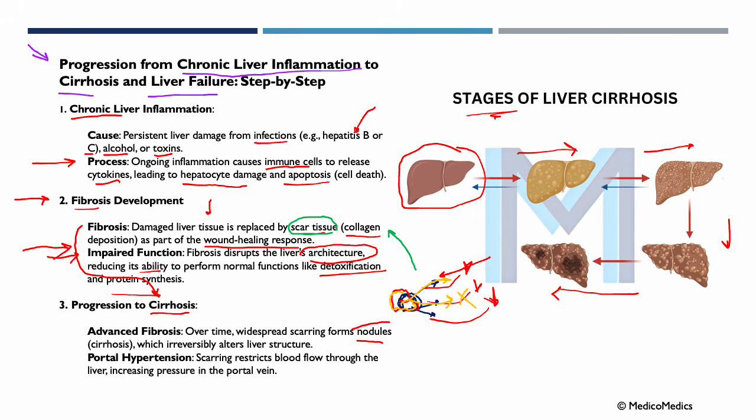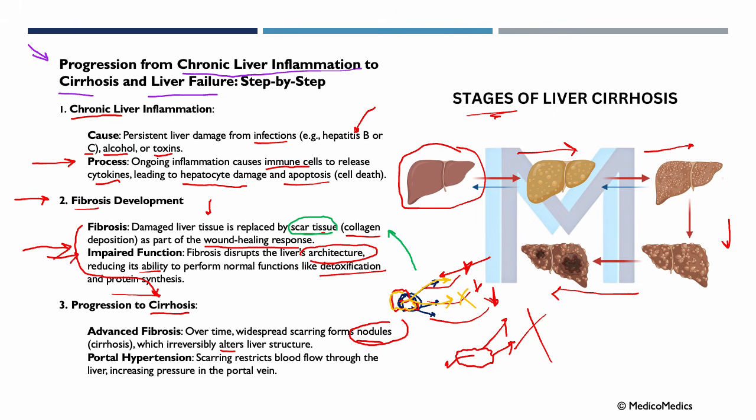And these nodules will irreversibly alter liver structure. So we will have a change in the architecture of that area, and it's irreversible, so we can't go back again. So whatever functions are now lost will be lost.